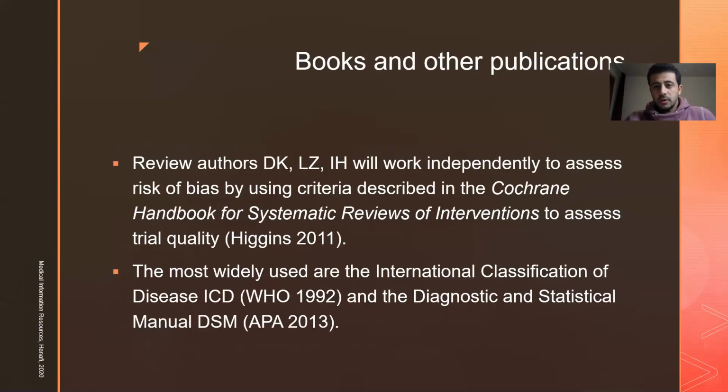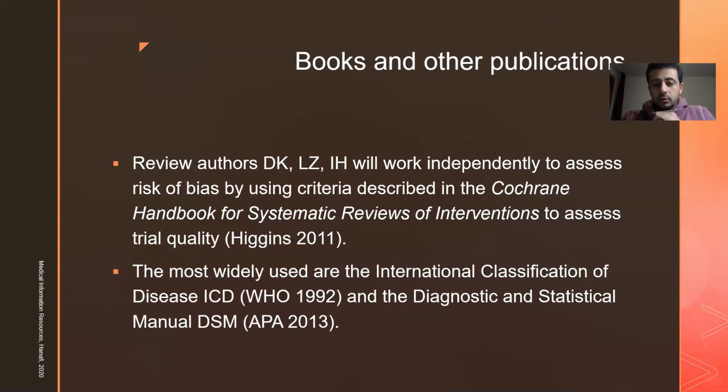When to cite books or publications other than peer-reviewed articles. For example, I'm doing a systematic review in Cochrane, and I'm referring to the Cochrane handbook in my methods, in my protocol. So I need to put a citation for a book, because it is a handbook on how to do systematic reviews.